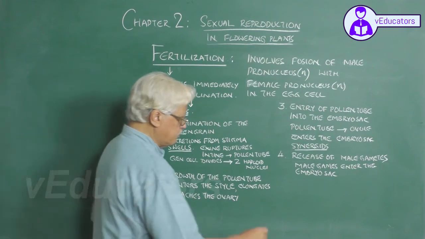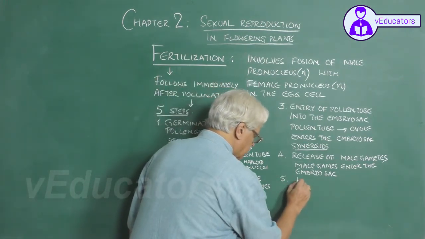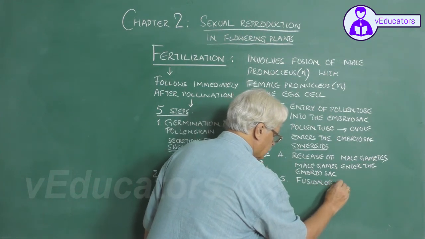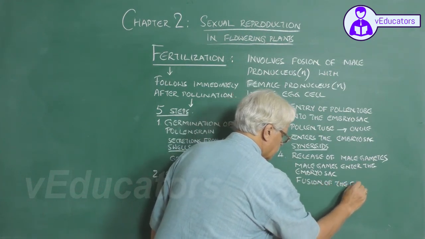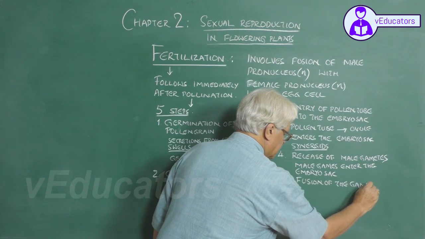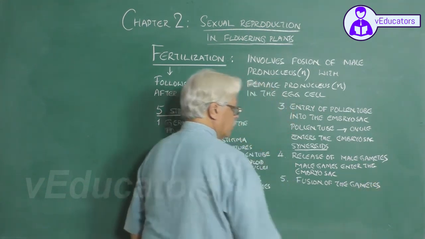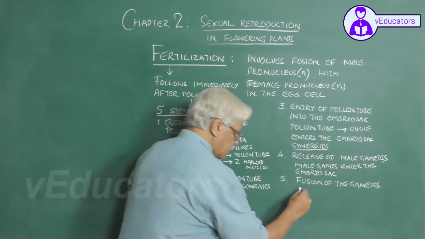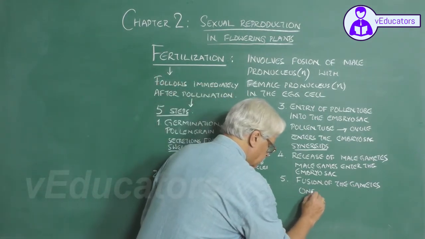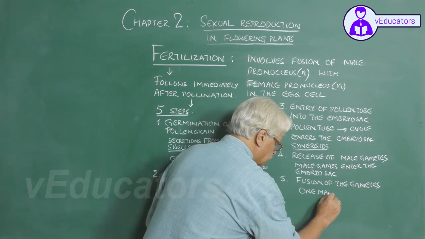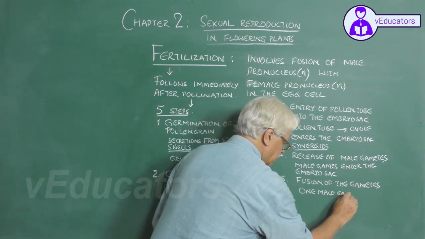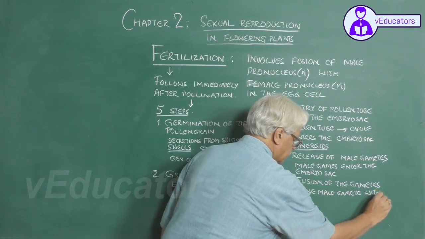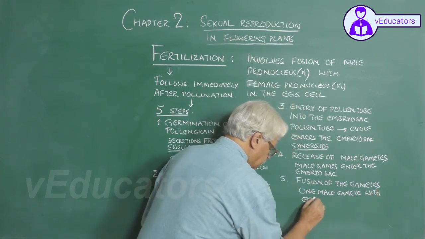The fifth step is fusion of the gametes. Two male gametes now have entered the embryo sac. One male gamete fuses with the egg cell.